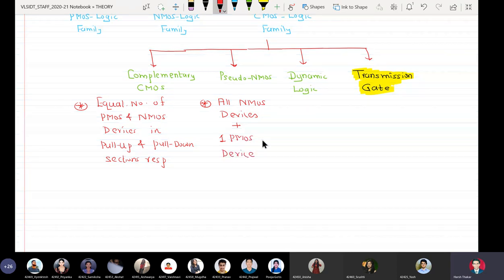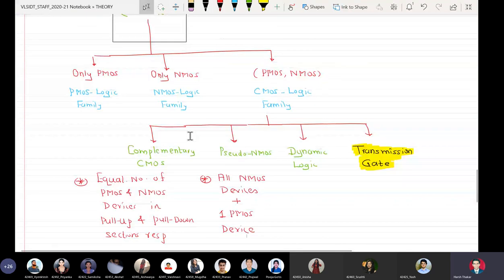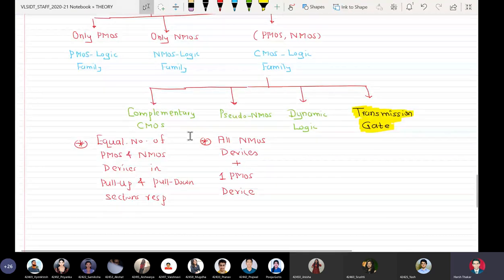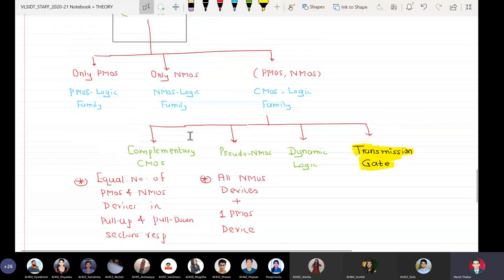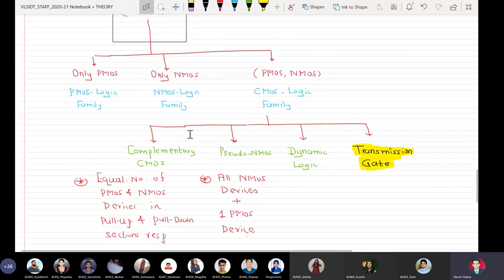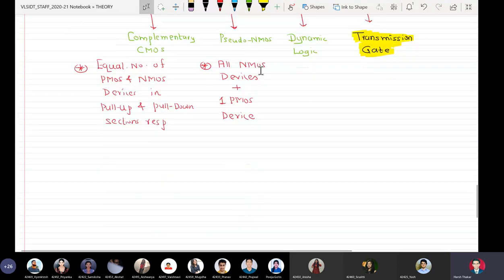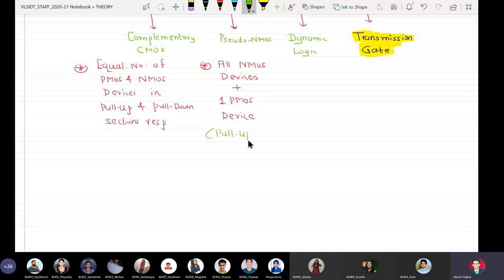It's a kind of hybrid. PMOS logic contains only PMOS devices. NMOS logic family contains only NMOS. In pseudo NMOS, all devices are NMOS, but there is one PMOS device which is used for pull-up. It's called a pull-up transistor.